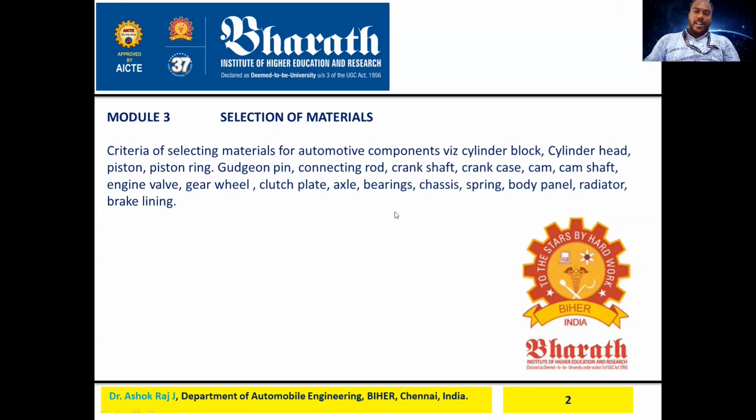For example, brake application. Take one bike. For example, I handled one project when I was doing my PhD work. The Bajaj company had a problem with customer complaints. Customers complained about the brake system.